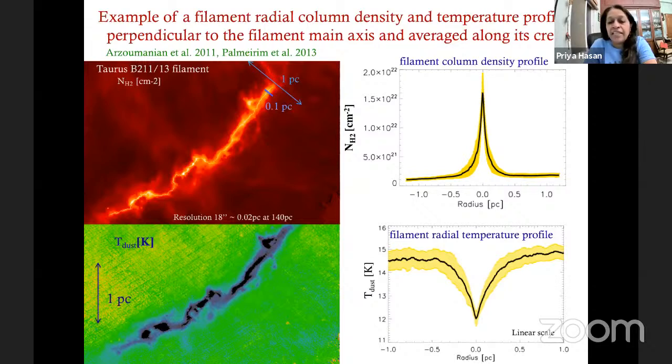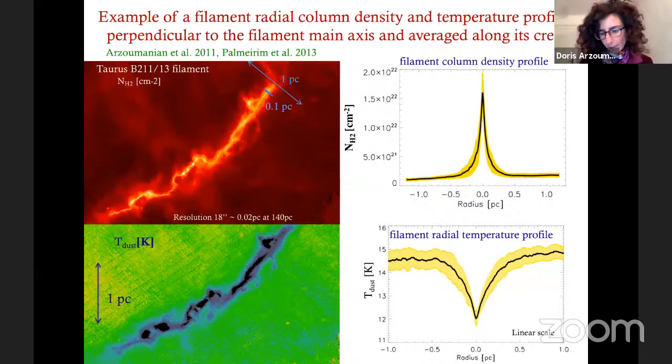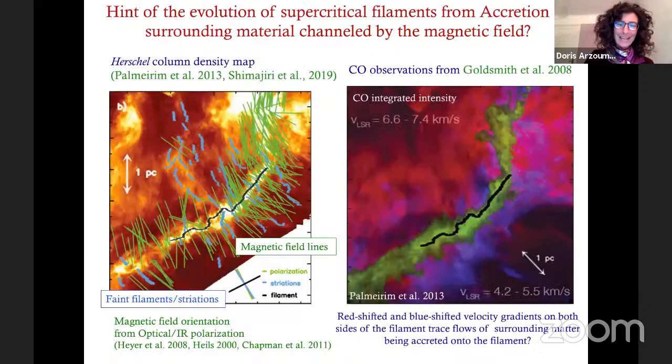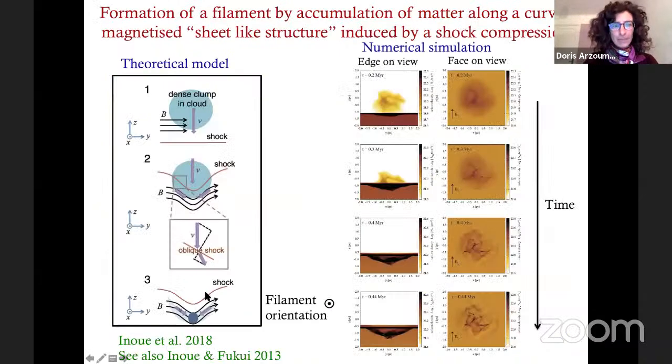How do magnetic fields evolve in filaments? Yeah, so I didn't discuss very much about the magnetic field, but the idea is, this cartoon shows first of all that the magnetic field is very important because the matter and the magnetic field are frozen in. Matter cannot go around as it wants.